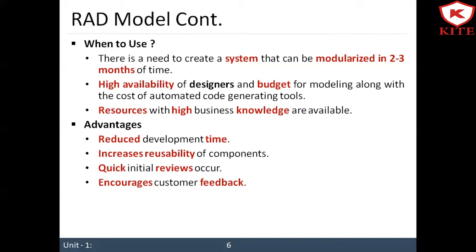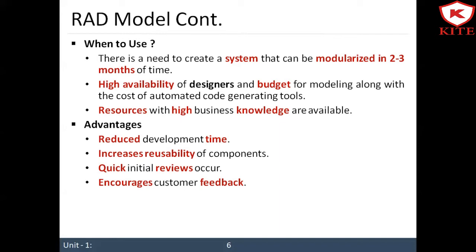There are certain advantages also involved in rapid application development. What are the advantages? The first one is reduced development time. It saves our time in development activities because we use an automated code generation tool or pre-existing code, so we can save time developing new code.